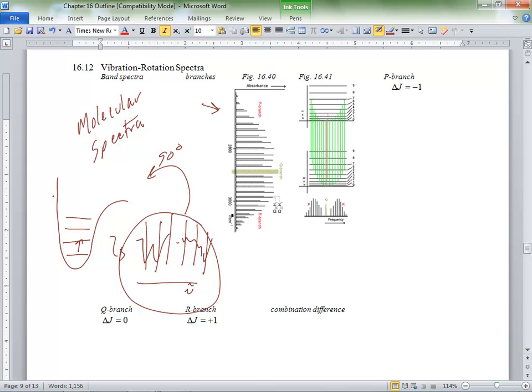Now, for it to look this nice, it has to be a gas, right? But what they're trying to say is that if you see a line like this, these are not transitions going from there to there. It's all the transitions in between the vibrational energy levels, a gazillion transitions.